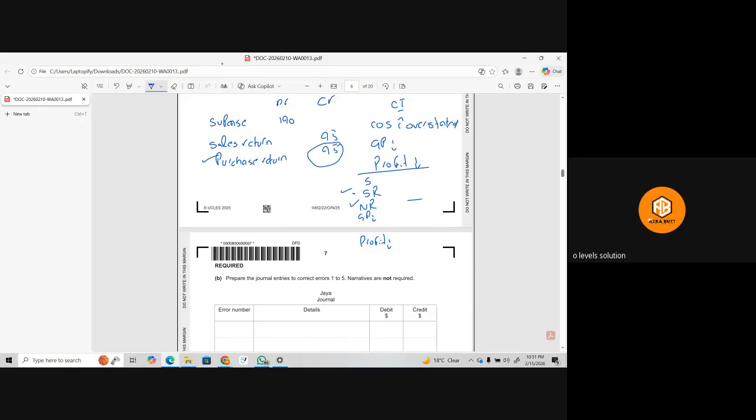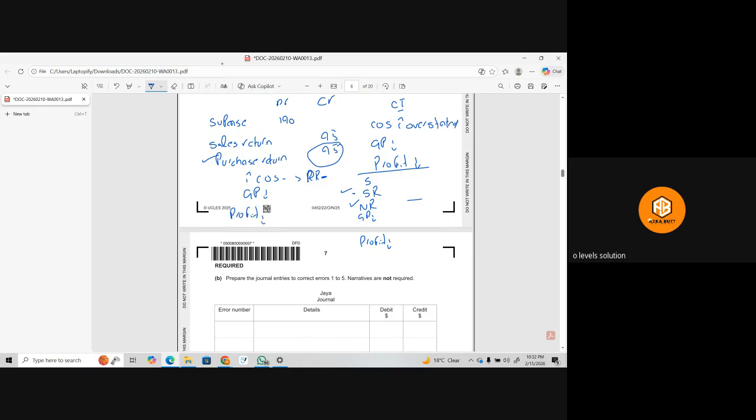So what does it mean? It means that you have increased your cost of sales, because we know that from the cost of sales, this purchase return should be deducted. When you did not deduct it, you increased your cost of sales as well. So your GP decreases further and profit decreases further as well.